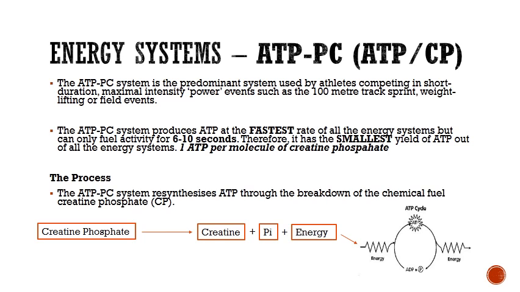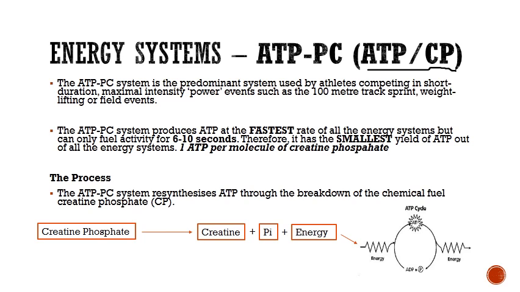So the first energy system we're going to look at is our ATP-PC system, which you can see up here. Sometimes it's also called the ATP-CP system. This is your predominant energy system in maximal intensity events that are lasting, well, less than 10 seconds really.